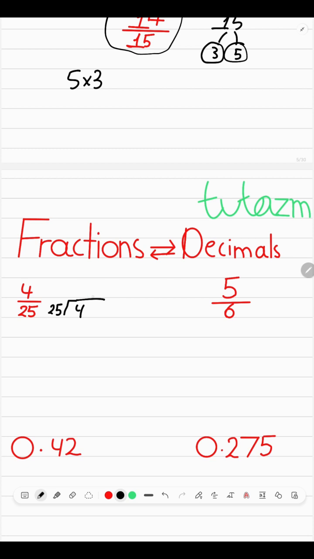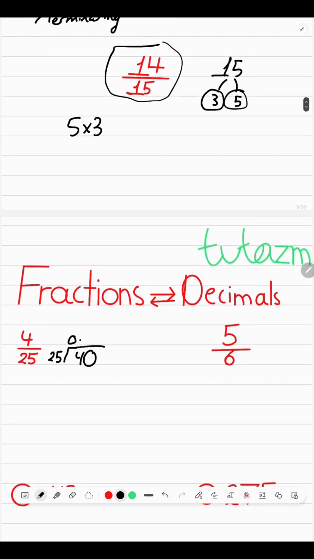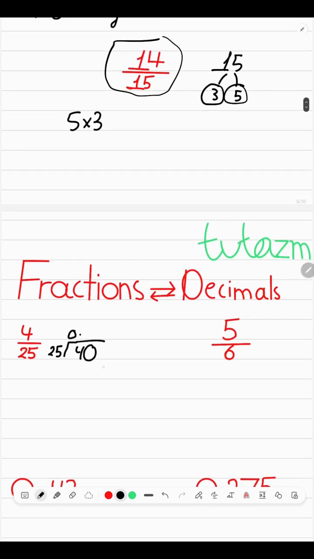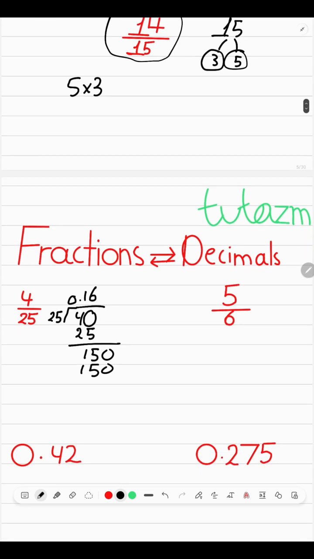Since 4 is less than 25, we'll put a 0 point here, and then we can add a 0 onto here. So we have 40 now and 25. 25 goes into 40 once, which gives us 1 here, and then 40 minus 25 is 15. We could put another 0 here, and then 150 divided by 25 would give us 6. So this fraction is equal to 0.16.